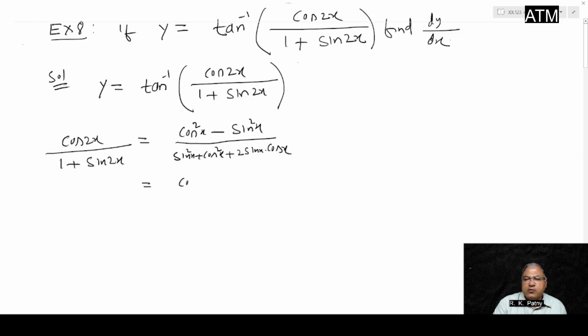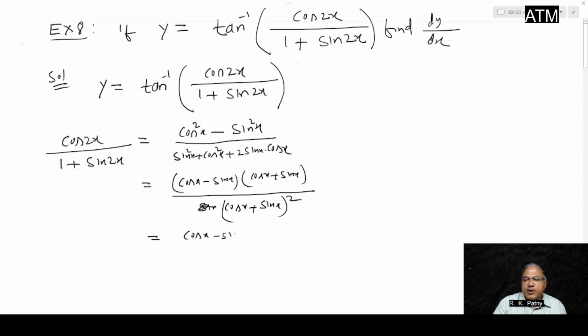This is equivalent to cos x minus sin x into cos x plus sin x, using a square minus b square equals a plus b into a minus b, and the denominator can be written as cos x plus sin x whole square. This is equivalent to cos x minus sin x times cos x plus sin x, divided by cos x plus sin x written twice.